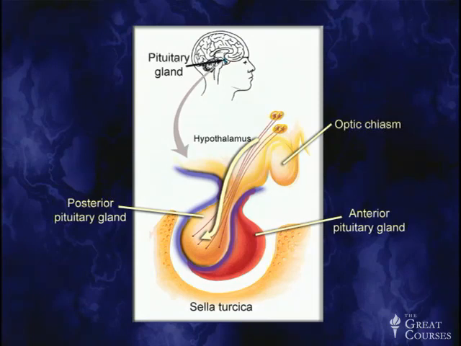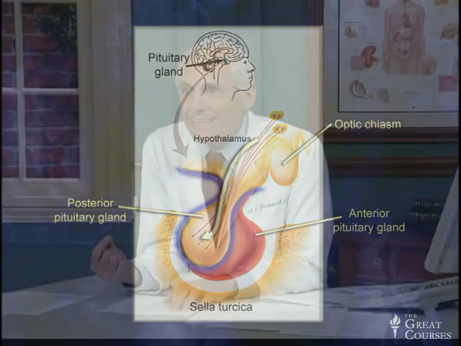It does not synthesize hormones. It stores and secretes two of them. So those hormones come from the hypothalamus into the neurohypophysis, and they're in little packets. They're made in the brain and transported literally inside little membranes in the pituitary and its posterior side.